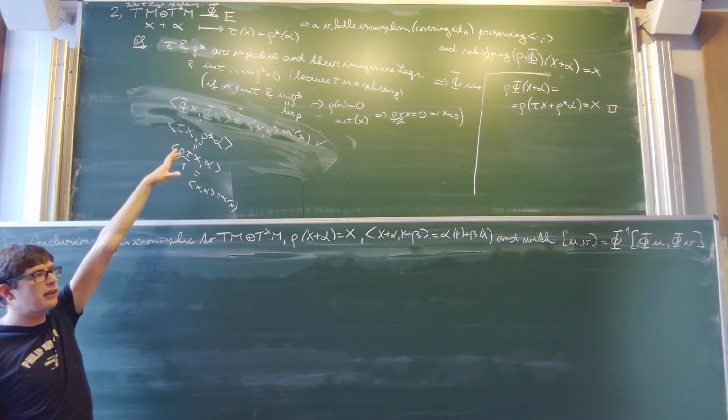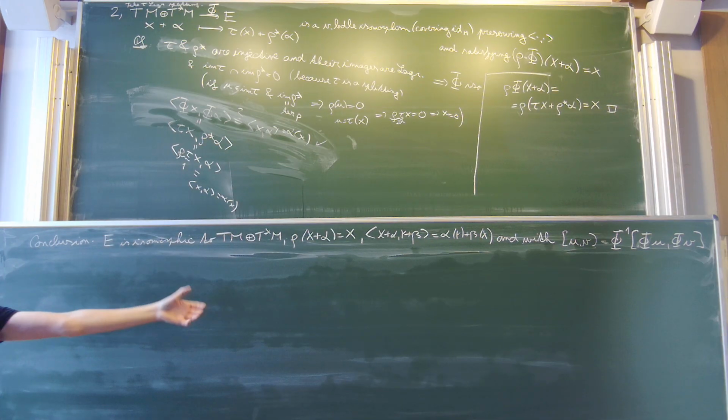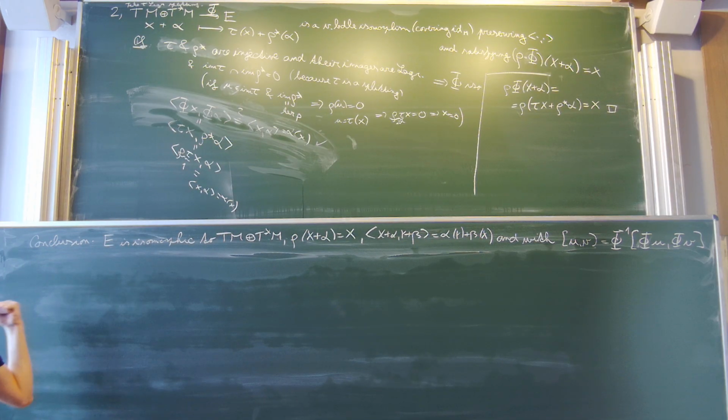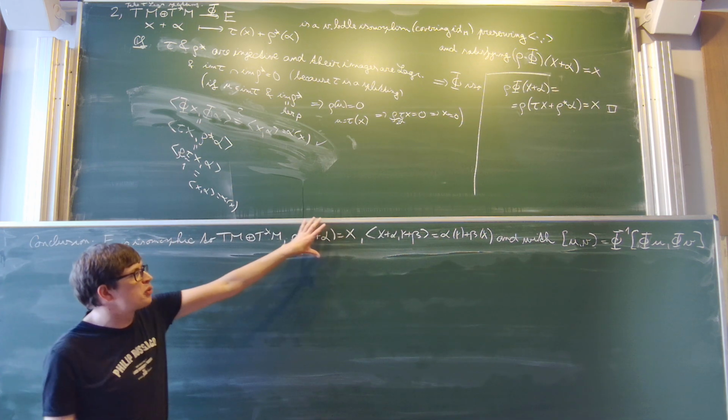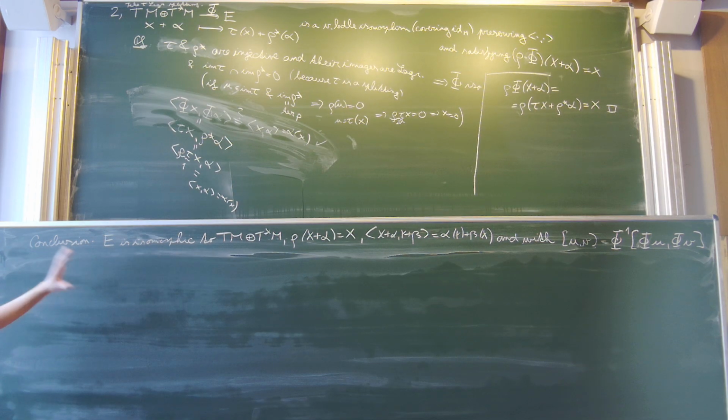Not really tautological, but because those two things are identified, I just induce a bracket by pulling it back. There was no new content in this statement. I'm just rephrasing what we said above.